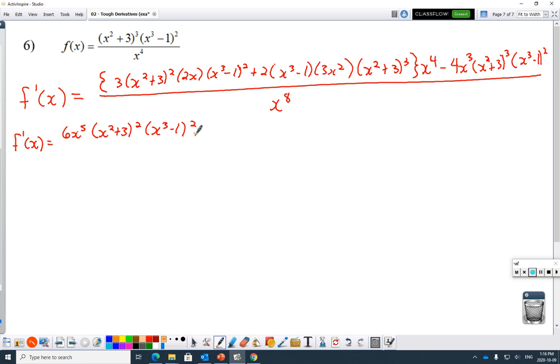The second term in the curly brackets, all it has is a 2 and a 3x squared, but now that whole bracket's being multiplied by x to the fourth. So I got 6x squared and an x to the fourth. And then it's got these other things. And the last term, there's nothing really to do.